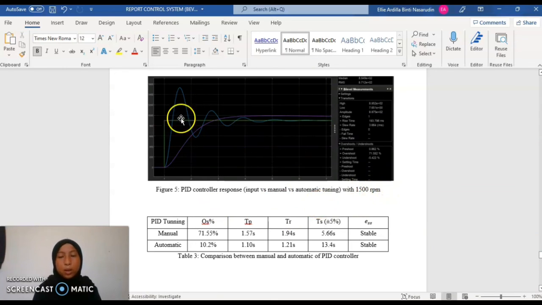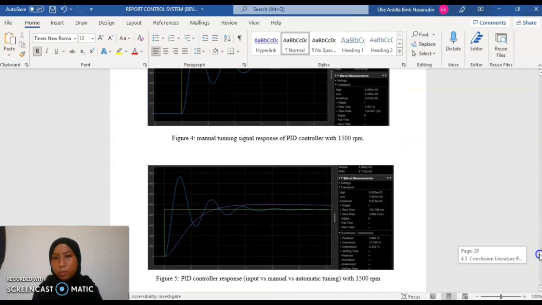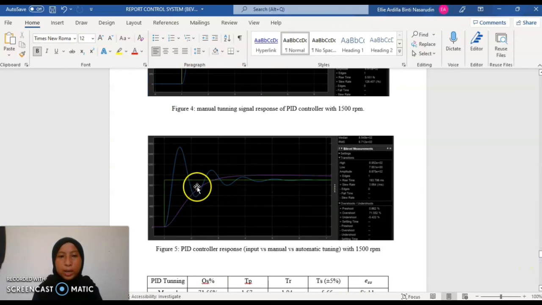So right here, we can see we have three lines here, which are blue line, purple line, and yellow or green line. The blue line is for the manual, the purple line is for automatic, and the green is speed. Okay, and also here we have the information like overshoot, settling time, rise time.